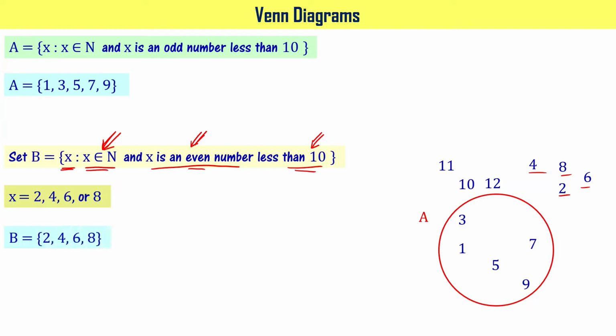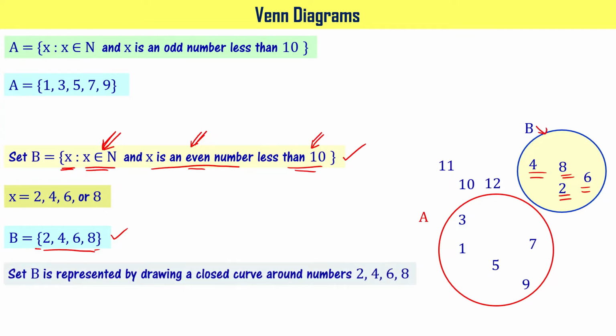So let's write that in roster form by writing all these elements within curly brackets, right? We have seen set builder form and roster form for set B. Let's pictorially represent this. For that, I am drawing a circle around the elements 2, 4, 6 and 8, and that set is called set B, right?